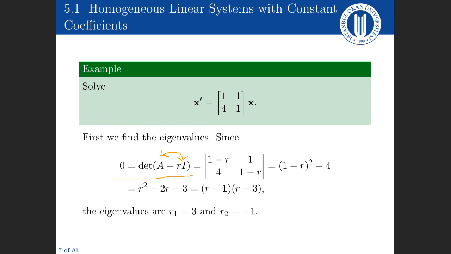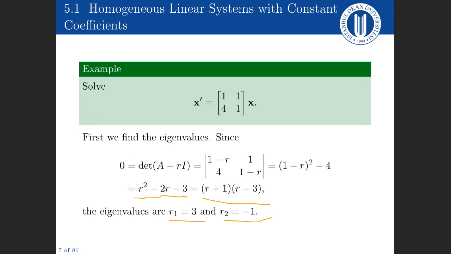So it doesn't matter if it's A first and rI second or rI first and A second. So we start with this equation, and we find that we must have 0 is equal to r squared minus 2r minus 3, which we could factorize to (r plus 1)(r minus 3). So the eigenvalues must be 3 and minus 1.